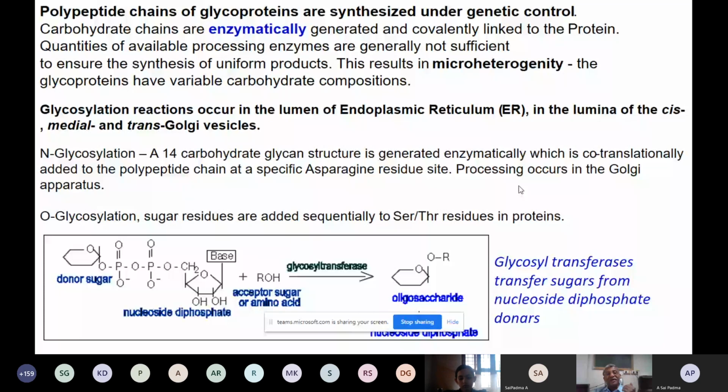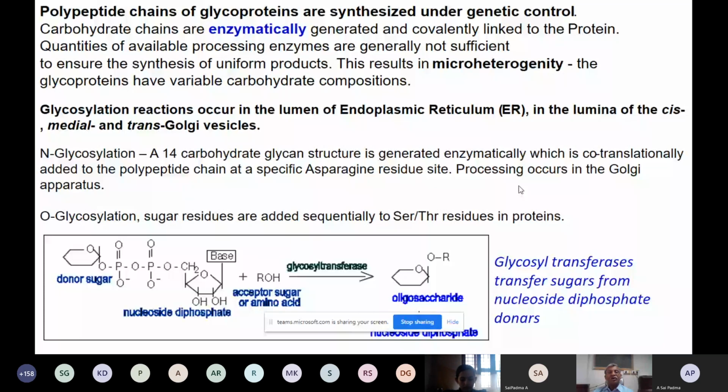In other words, the carbohydrate chains in glycoproteins are enzymatically generated and covalently linked to the protein. Therefore, the quantities of the available processing enzymes are generally not sufficient to ensure the synthesis of uniform products. So this results in what is called microheterogeneity. Glycoproteins thus have variable carbohydrate composition.